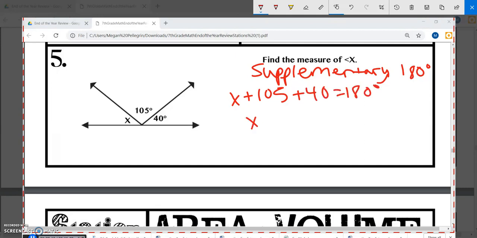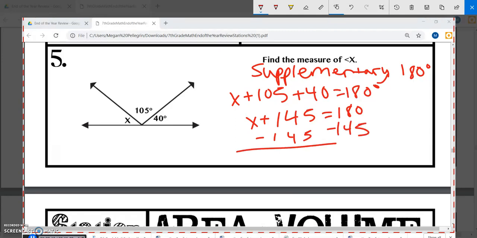And so x plus 145 is equal to 180. And then just a little one-step equation here. Subtract that 145 from both sides. When I subtract 180 minus 145, I get x is equal to 35 degrees.